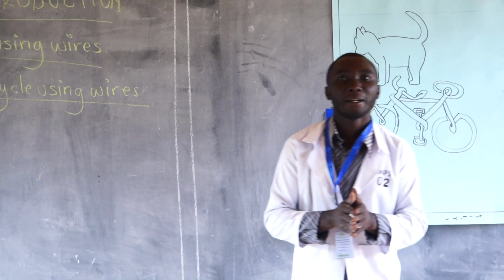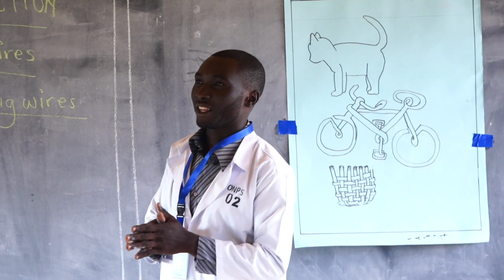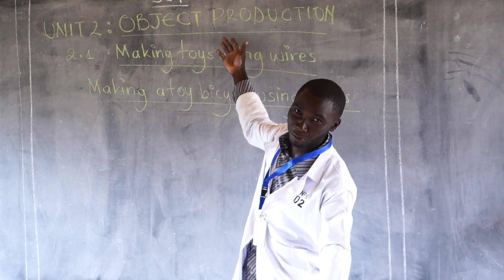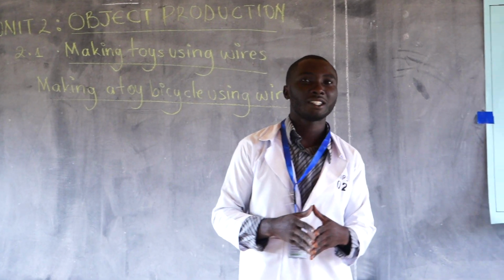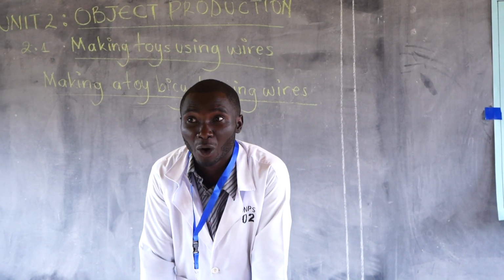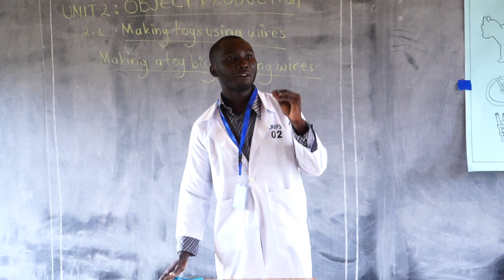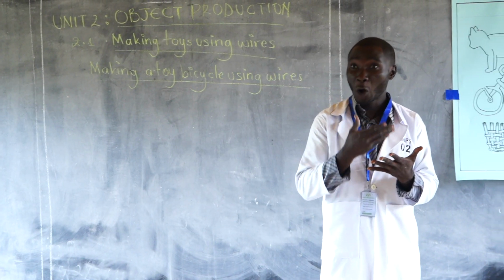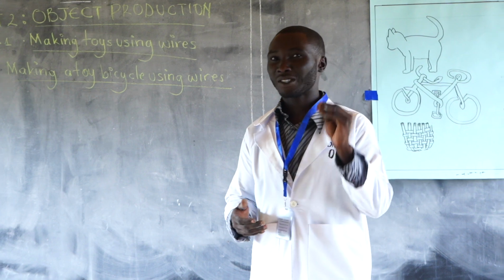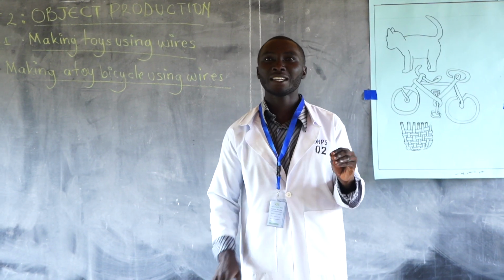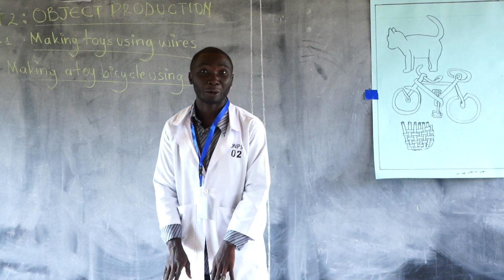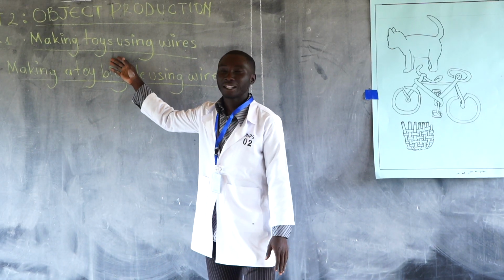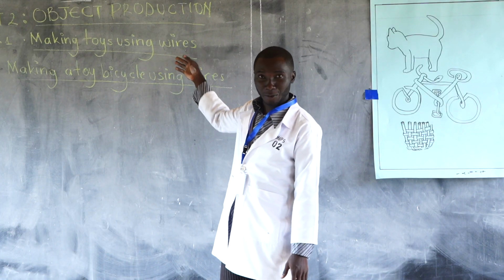So today we are going to see unit number 2, called object production. In this unit, I want you to be able to make your own objects using local materials and maintain them properly. And today we are going to see making toys using wires.